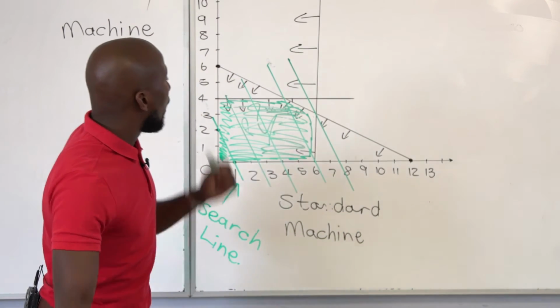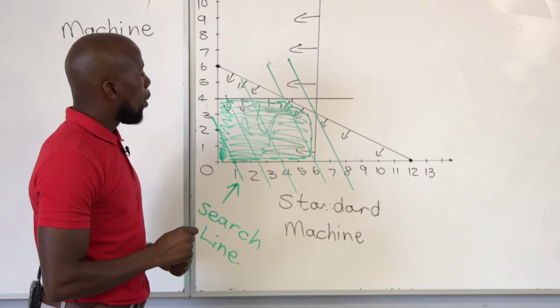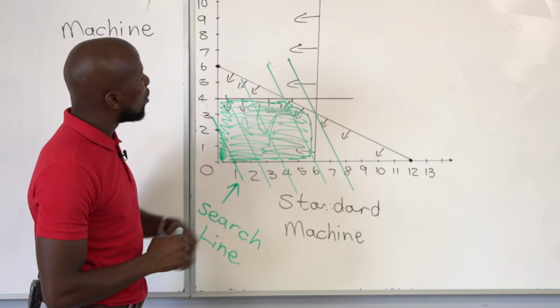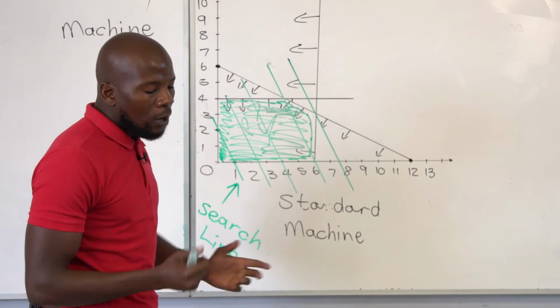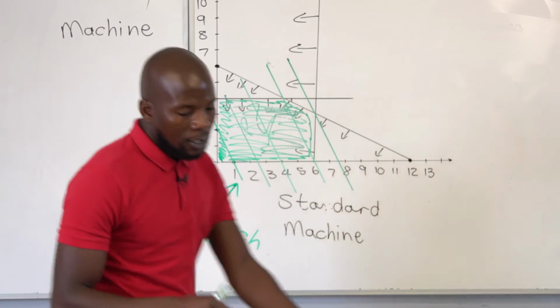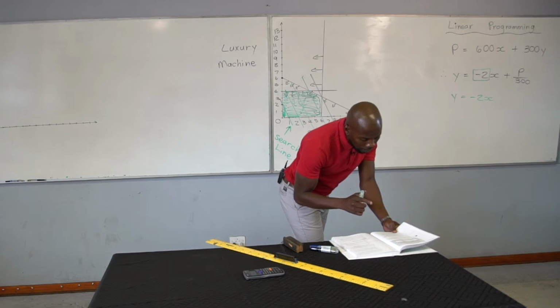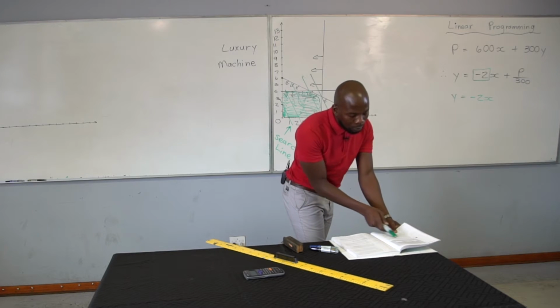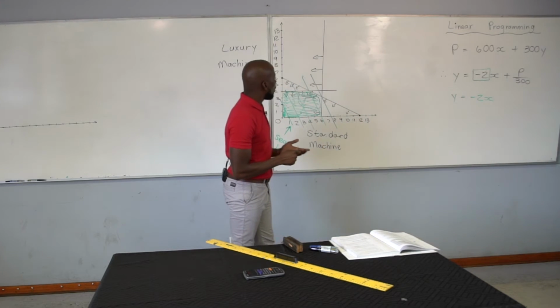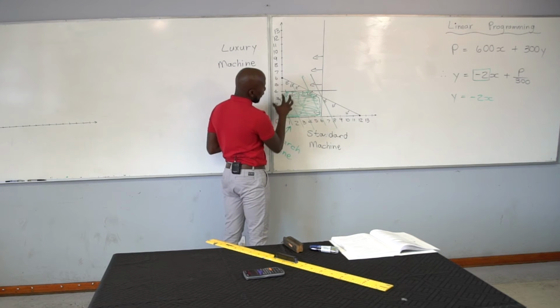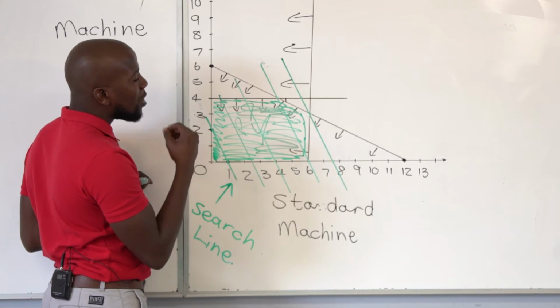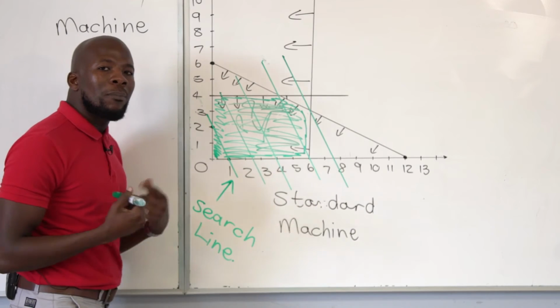Now that we've sketched our search line, we can identify the points which the search line touches first and which points the search line touches last. The question though asked us to determine the maximum profit. So we will actually focus on the vertex of the feasible region which is touched last. What do we mean by vertex?